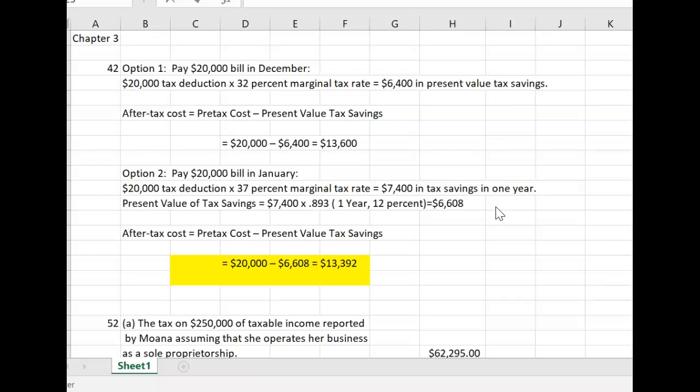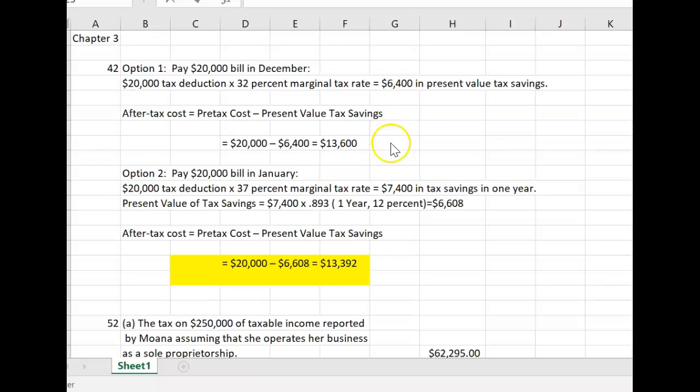So if the cost is $20,000 to pay the accountant, and the present value, if she pays at 37%, would be the 7,400 times the 0.893, which is $6,608. So her after-tax cost is $13,392. That is less than option 1.